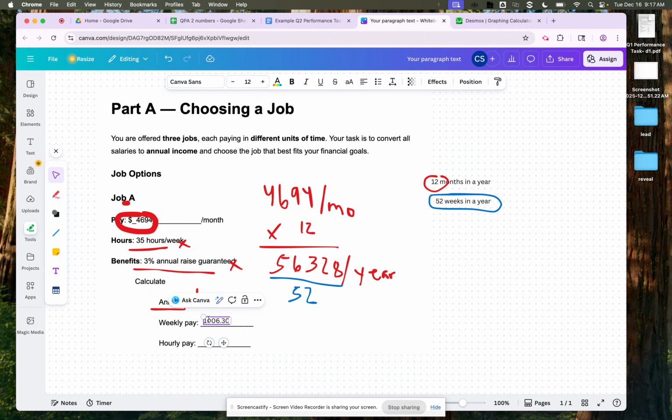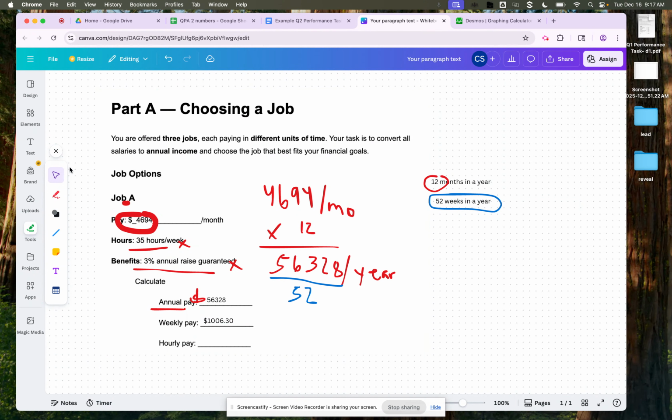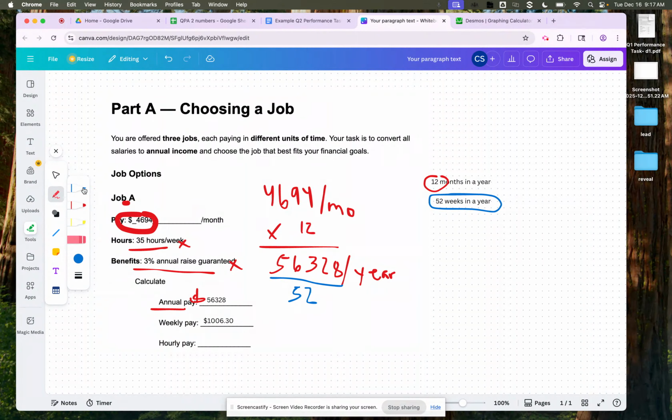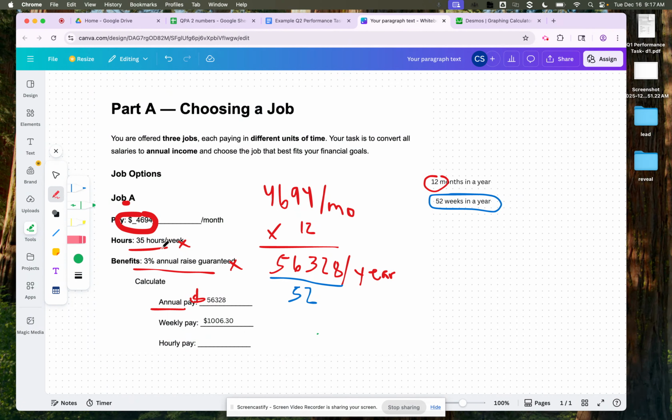Please don't forget to put your dollar sign. I want to make sure we're remembering we're talking about how much you're earning, and this is per week. Now for hourly pay, I actually need to use this information right here.